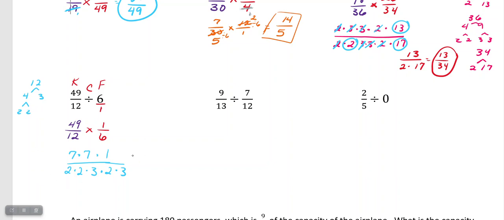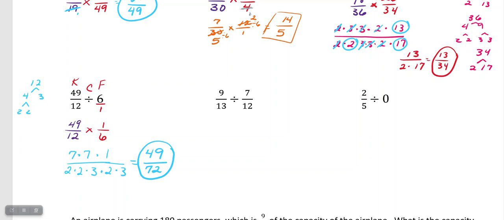That's where I get the 2 times 2 times 3. So I have nothing on top that matches on bottom. So then I'm doing 49 times 1 and 6 times 12, which is 72. 49 over 72 is my answer.